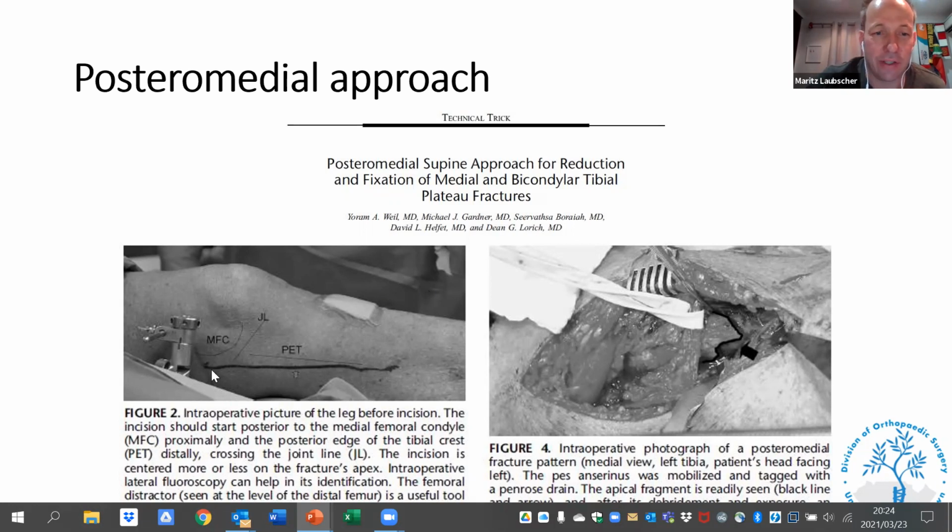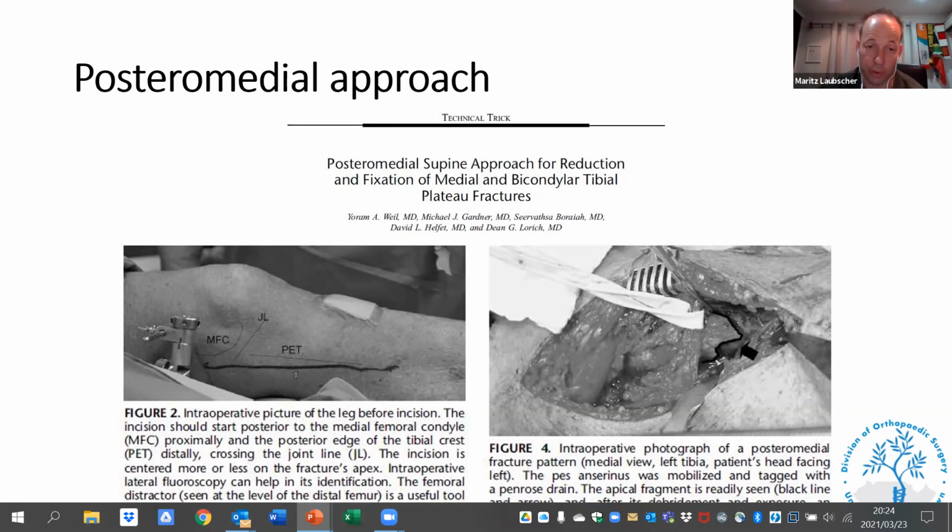And this is just a landmark with your skin incision on the posterior edge. Now there's some confusion occasionally between the posterior medial approach and the Logan approach. The Logan approach, which I'll show next, is one of the variants of the direct posterior approach, where instead of going in the midline between the two heads of gastrocs, you go medial to the medial head of gastroc.